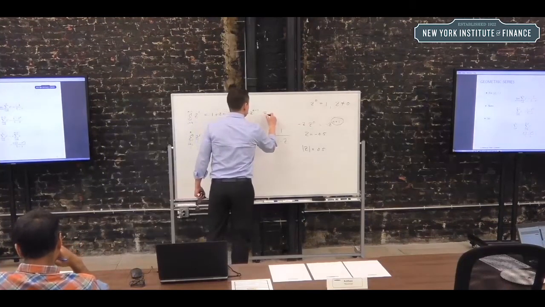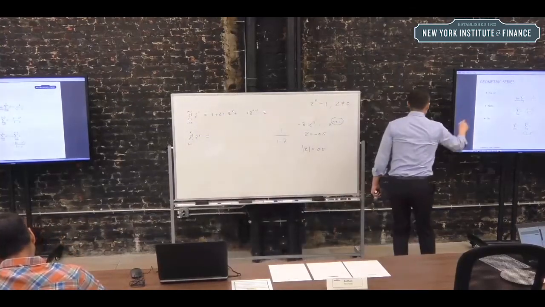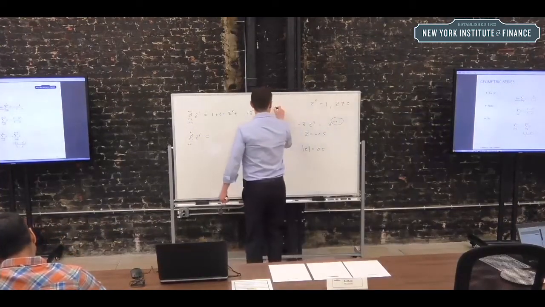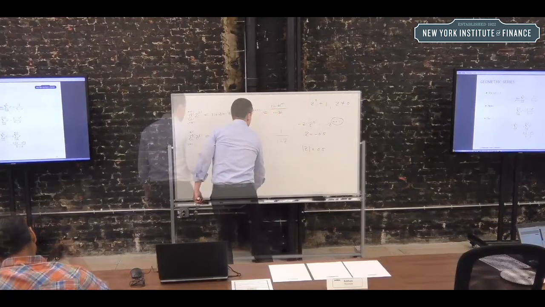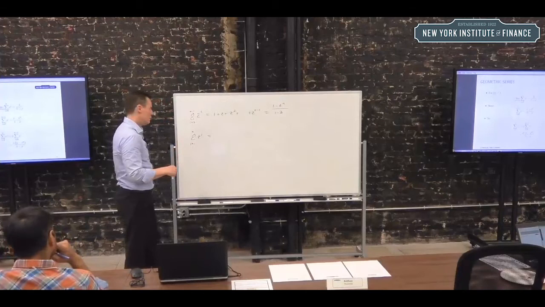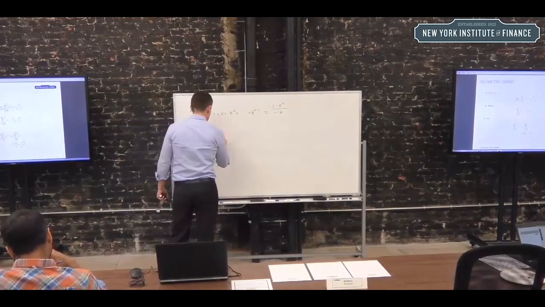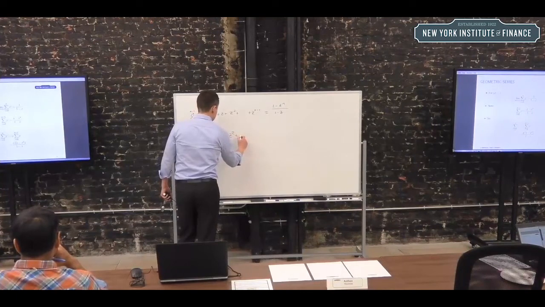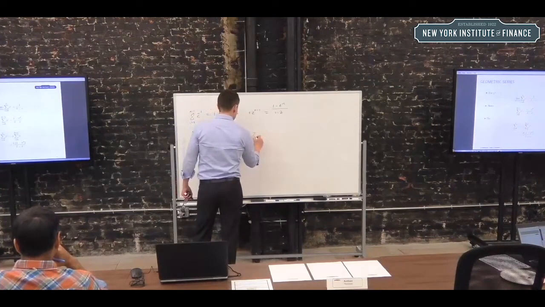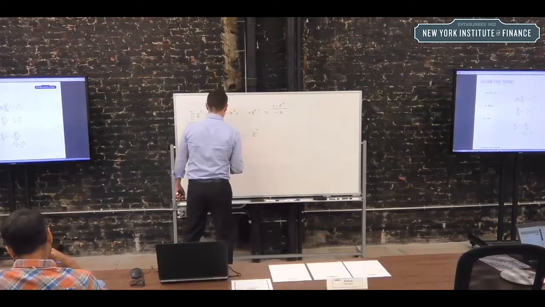This one, we know from this, is 1 minus z to the n divided by 1 minus z. So what's this one? Okay, so the first term in this one is z plus z squared, and it goes to z to the n.